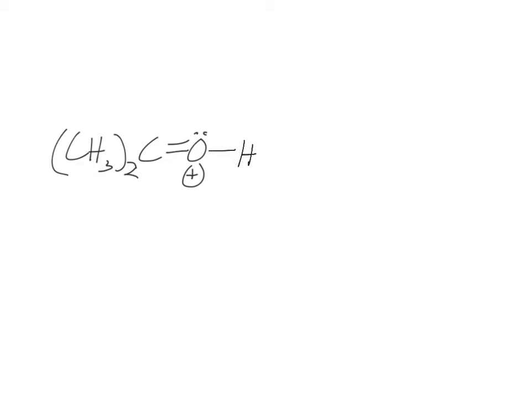If this reacts with a base, so we put OH minus. Electrons go there. So we break that OH bond, right? Because you're told this is an acid, and we want to find this molecule's conjugate base. So it would be this molecule without its bond to hydrogen. Equilibrium arrows.